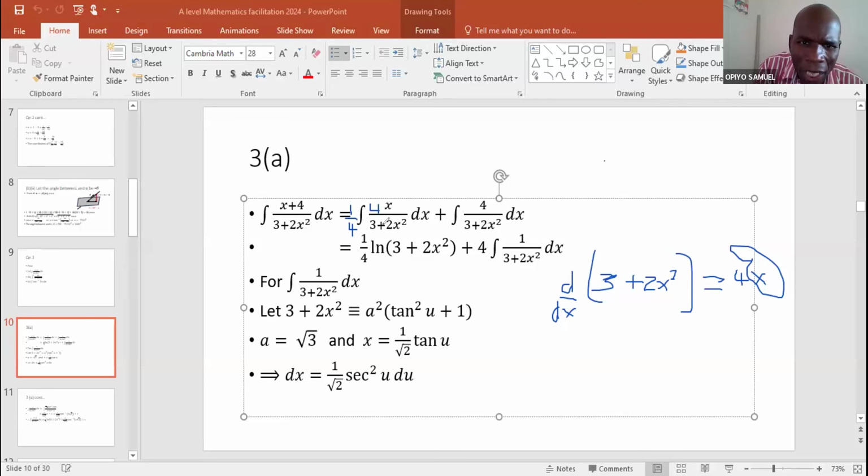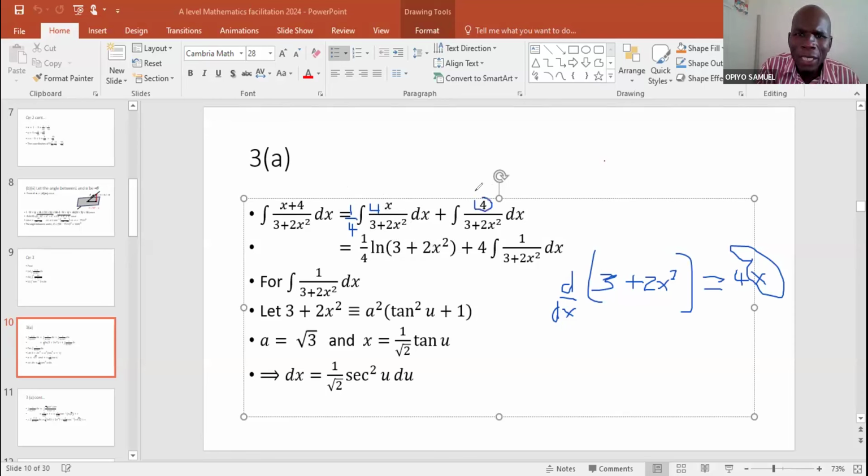Now when I differentiate the denominator, I get exactly 4x, which is here. Then this is a constant, 1 over 4 natural log of 3 plus 2x squared. So that's how we got the 4.